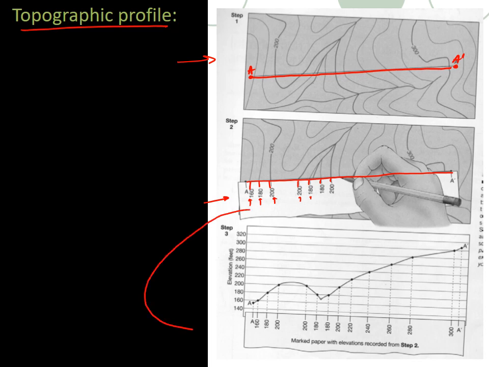Then you take that piece of paper down to a piece of graph paper, lay it along the bottom, and where you have a tick mark, you draw a dot at the corresponding elevation, etc. Connect those dots. That gives you the shape of the landscape along that line. You'll do this in the assignment, and in fact we've simplified this a little bit just to make it a bit more straightforward. We'll come back to that here shortly.